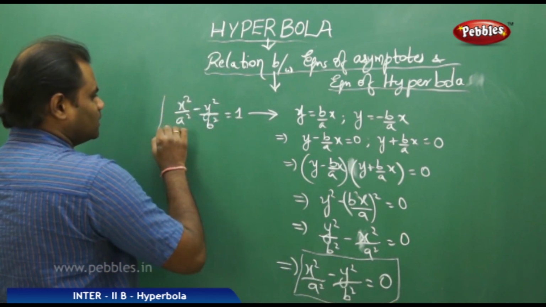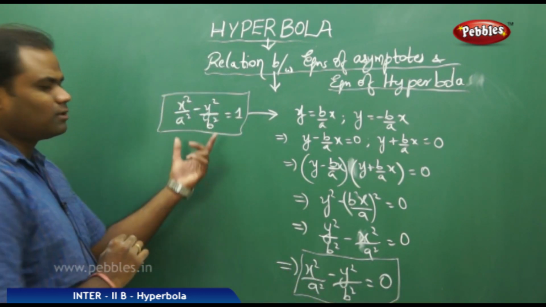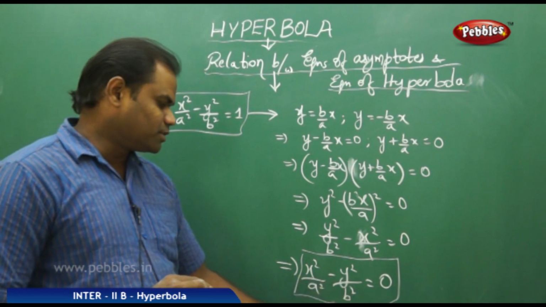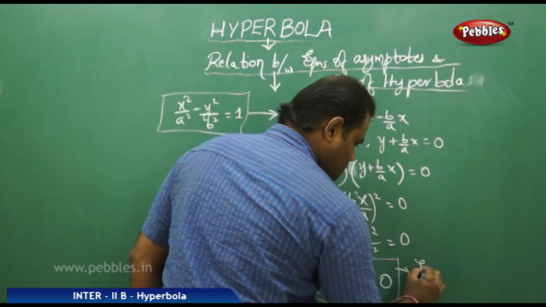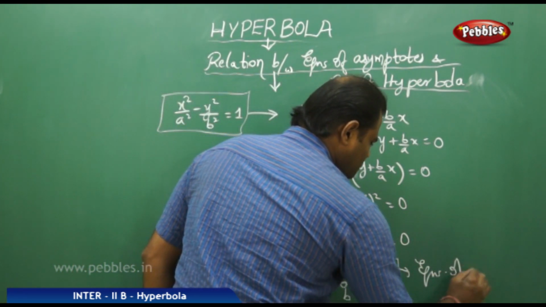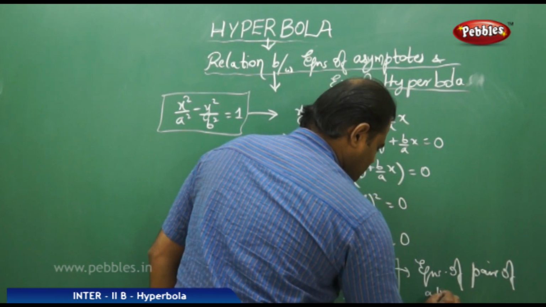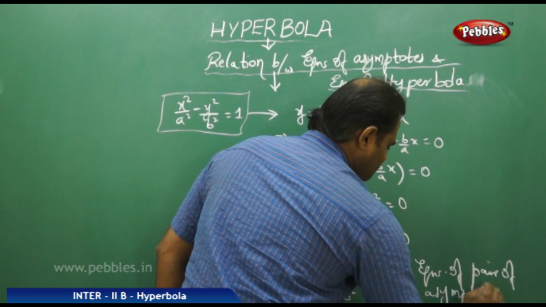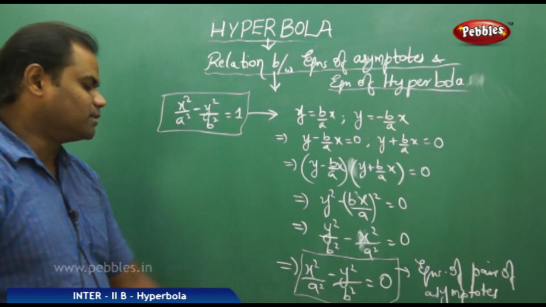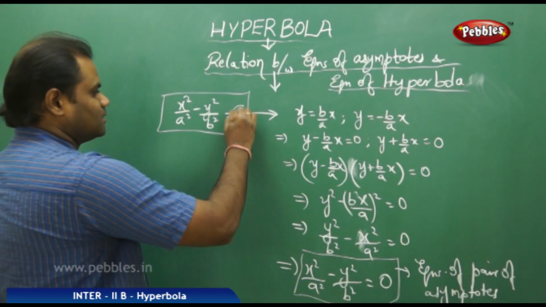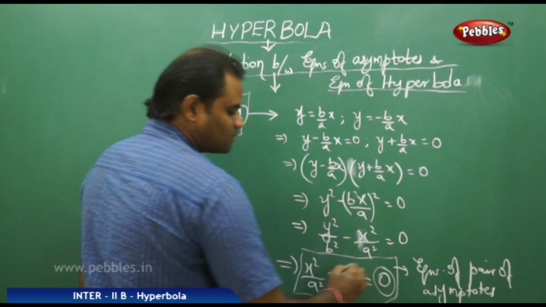As I observe here, my equation of hyperbola is this, and my equation of pair of asymptotes is given by this. I clearly see that the right hand side differs by a constant.